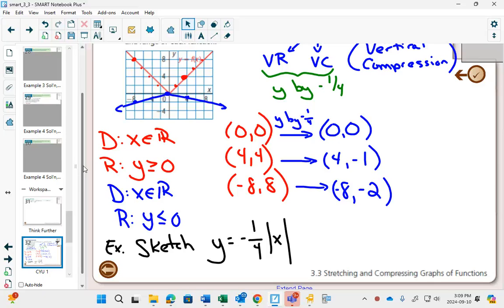The difference is here you have to recognize the absolute value of x and say, hey, that's that red graph. And you have to draw the original graph on your own. And then notice there's a negative and a 1/4 outside of that original graph. That would affect your y values, vertical reflection, vertical compression.